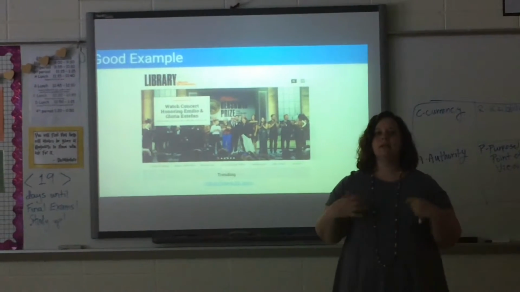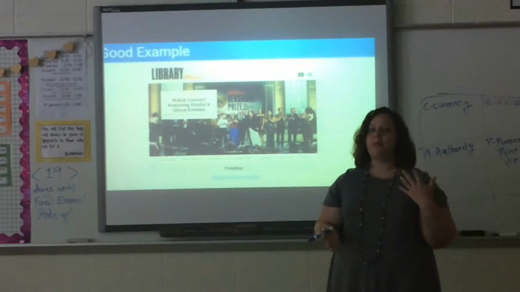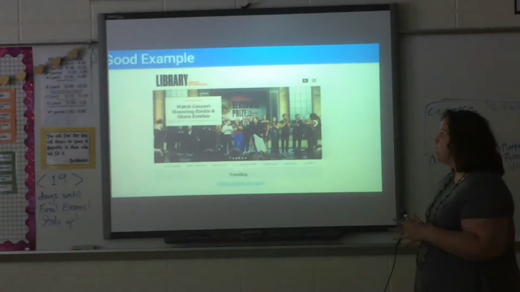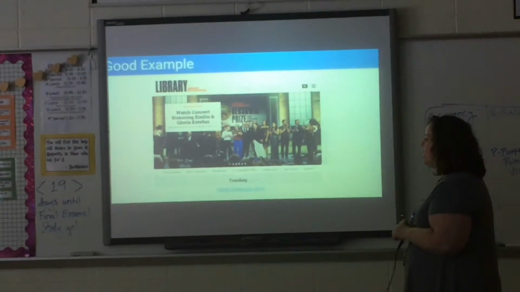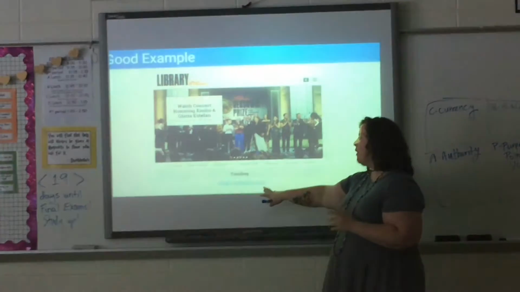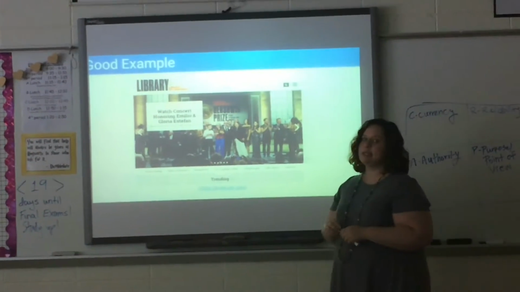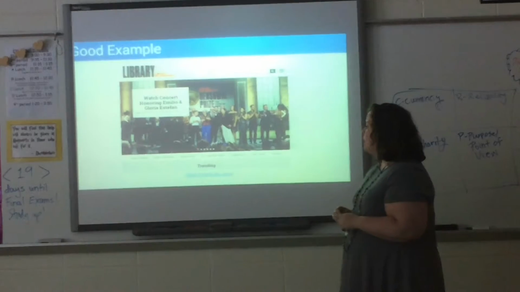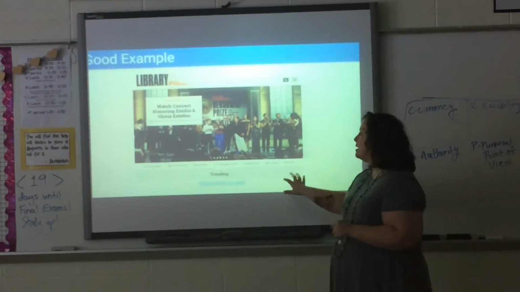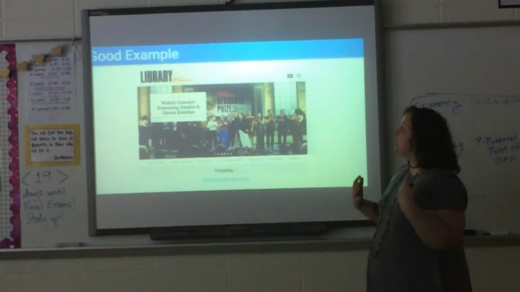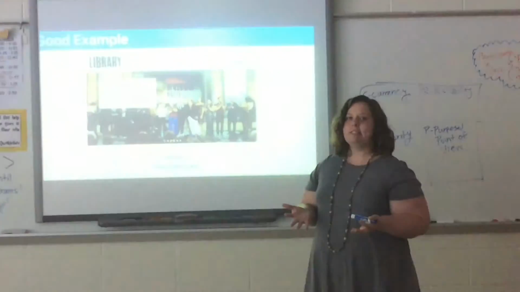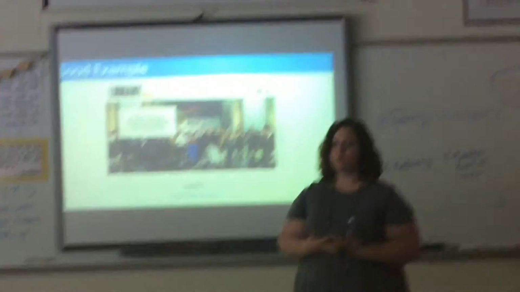So for an example, I wanted to give you a good example and a bad example. Our first example here is a good example. This link, you'll have the PowerPoint, you can take the time and go through it. It's .gov. This is the Library of Congress, so this is a government-sponsored website.